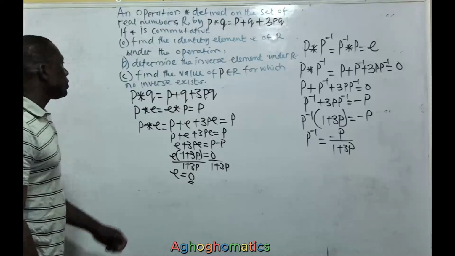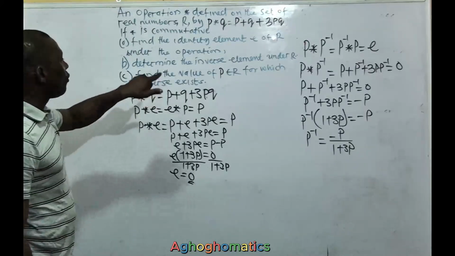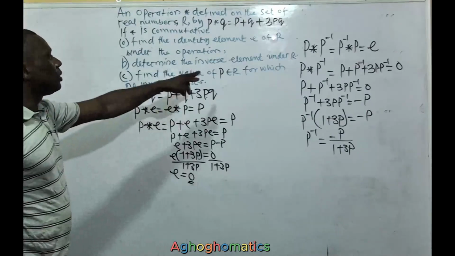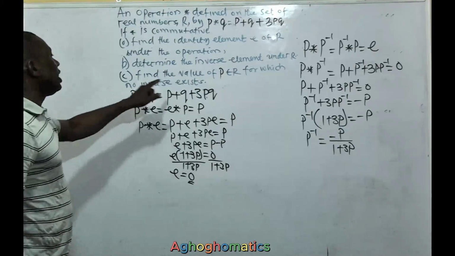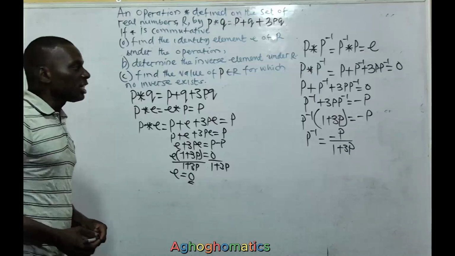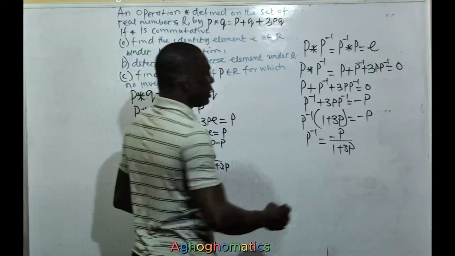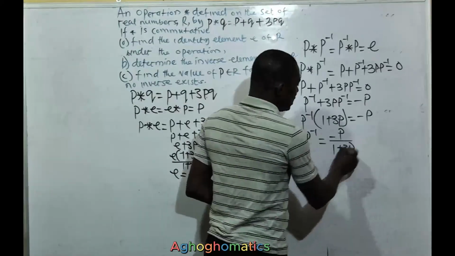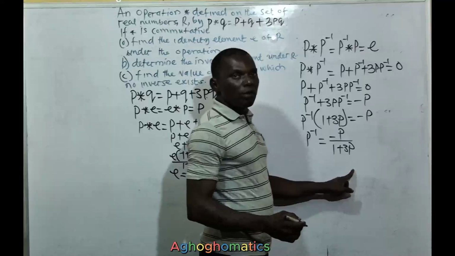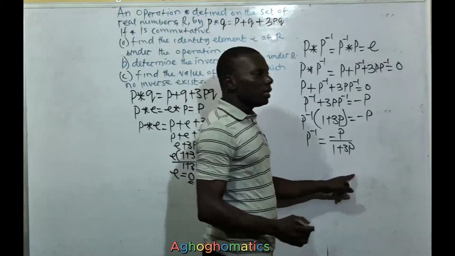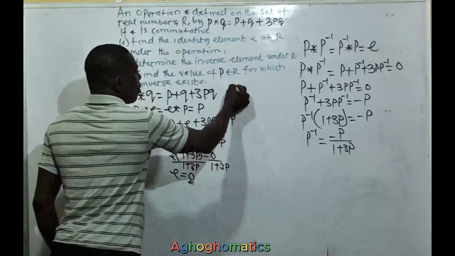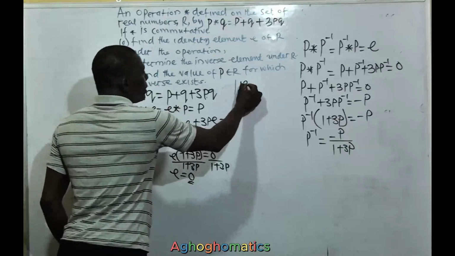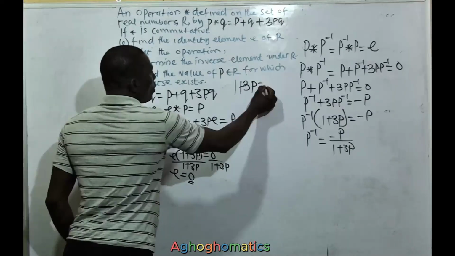So the last question says to find the value of P which is a member of the real numbers for which no inverse exists. Now for this expression, if no inverse exists, it simply means that the denominator here must be equal to 0. So the denominator of the expression, which is 1 plus 3P, is equal to 0.